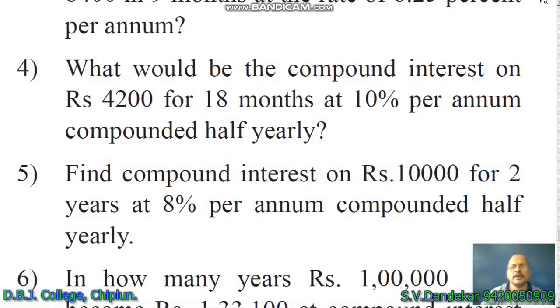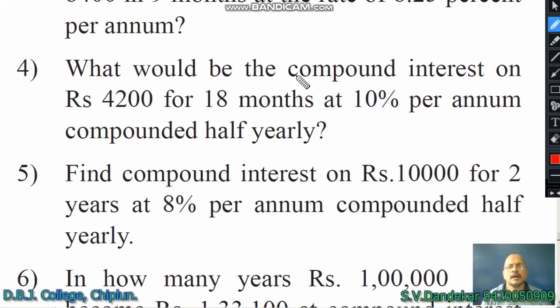What would be the compound interest on rupees 4200 for 18 months at 10% per annum compounded half yearly. 18 months means 3 half years. So n is equal to 3.